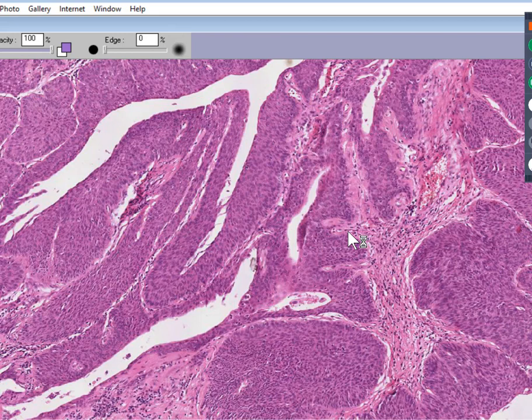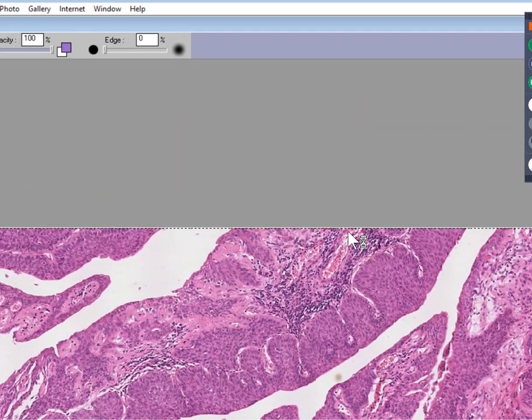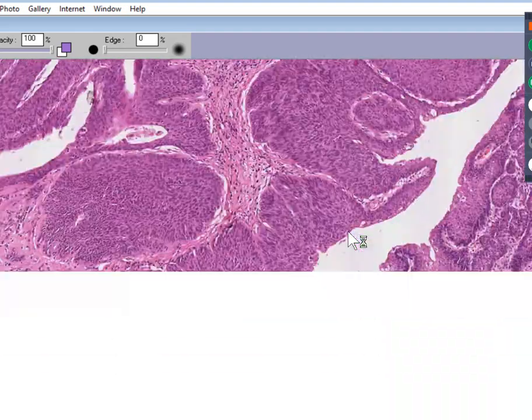So is another name for a transitional cell carcinoma of the renal pelvis, the ureter, or the bladder also a urothelial carcinoma? Yes. And it's also papillary. So the very best term for this entity is a papillary urothelial carcinoma.